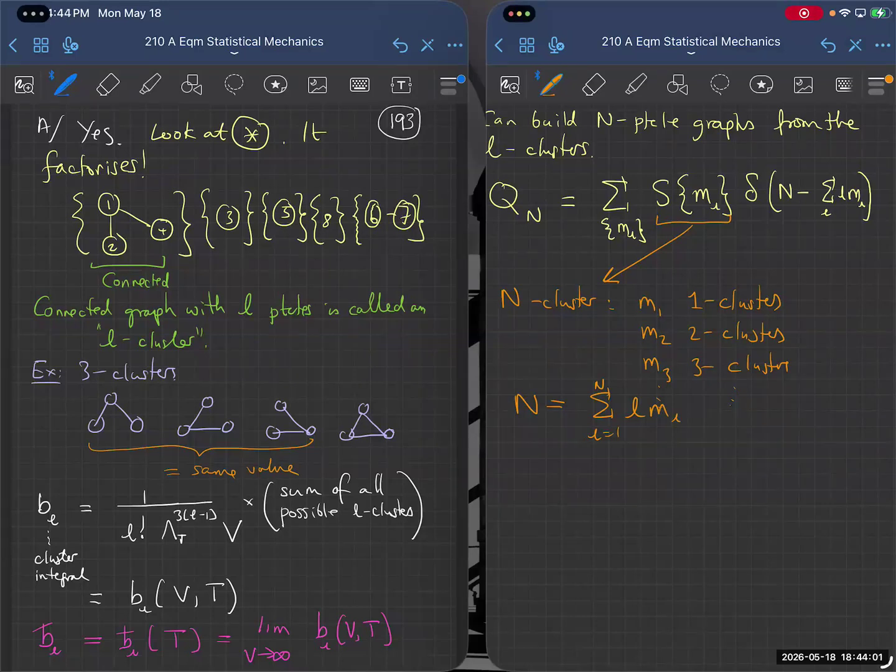That's just because I have n particles in my graph, and I've got some graphs where I've got 1 particle, some graphs have 2 particles, some have 3, so the total number has to be n. So that's where this delta function comes from.